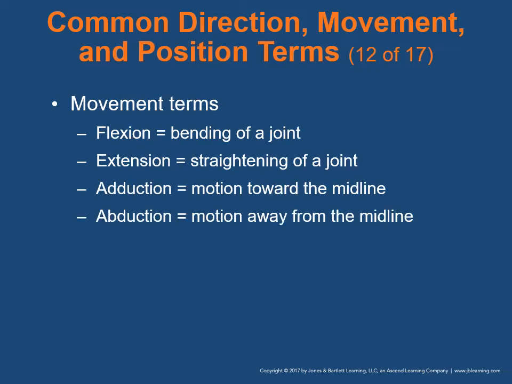Movement terms, all right? These terms all relate to movement. You have flexion, which is the bending of a joint. Extension is the straightening of a joint. Adduction is the motion towards the midline, and abduction is the motion away from the midline.